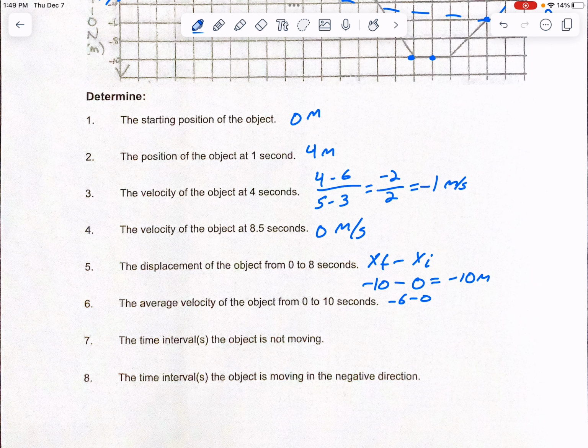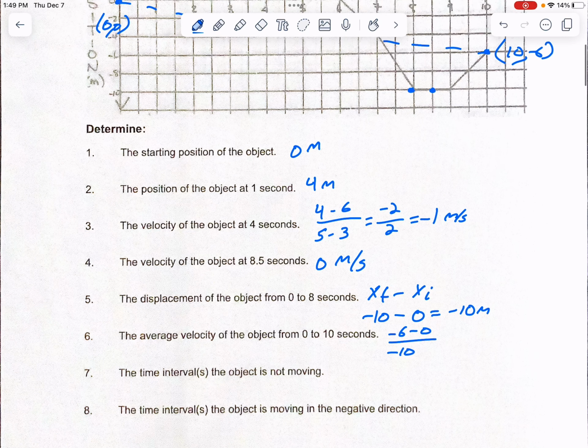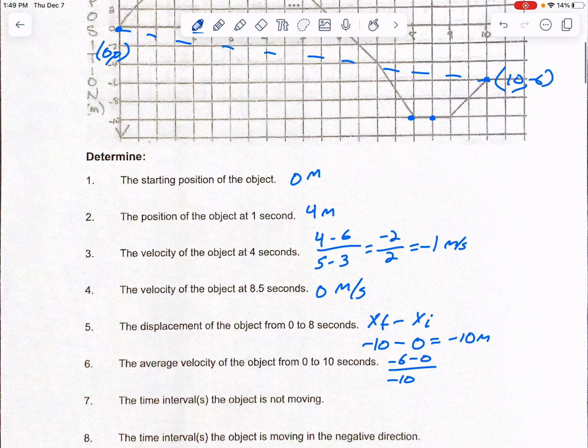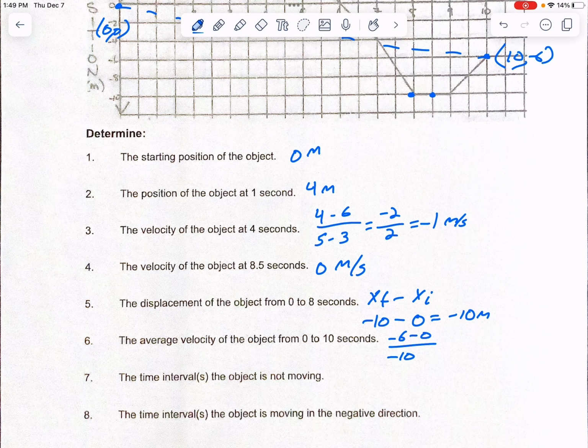So negative 6 minus 0 over 10 minus 0. That would be your time, so that shouldn't be a negative there. My apologies, I was trying to catch that. So negative 6 minus 0 over 10 minus 0 is going to give you negative 6 meters per second.